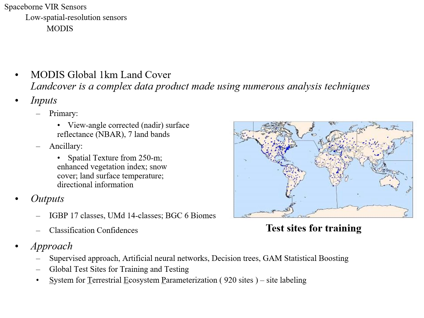It uses the vegetation index, snow cover, land surface temperature, and estimates of the bidirectional reflectance distribution function information itself, in order to create a 17 class land classification. And then there are test sites for training all over the world. It's a very sophisticated algorithm. It uses multiple approaches to get at this final answer.